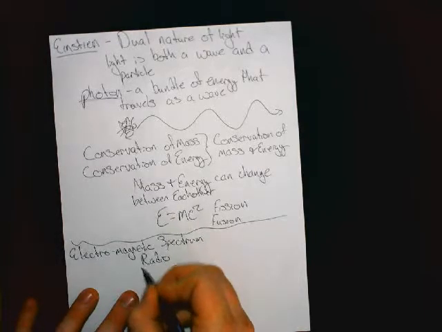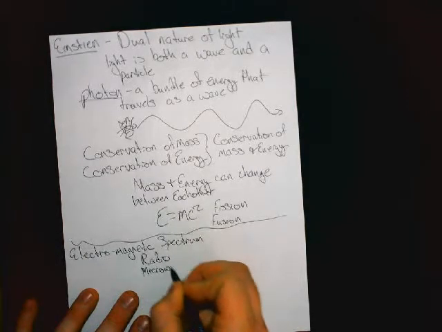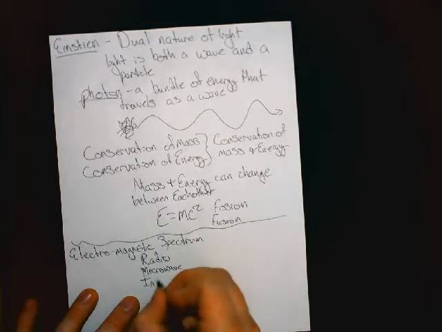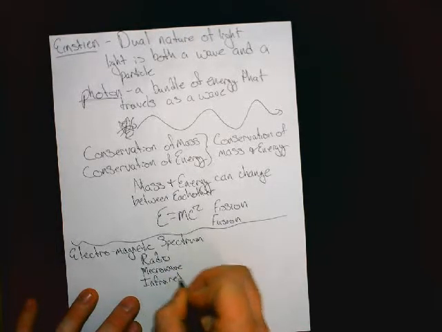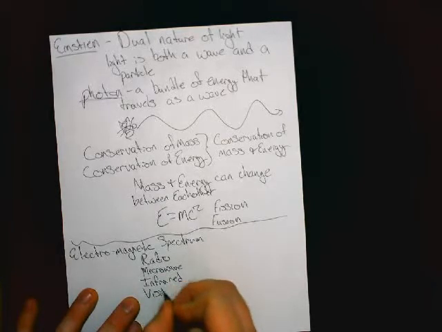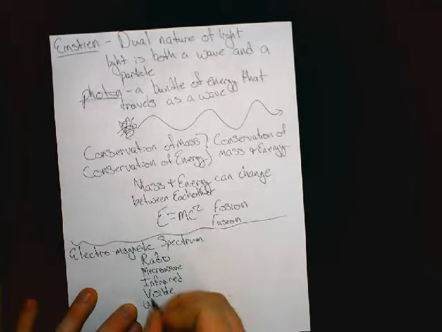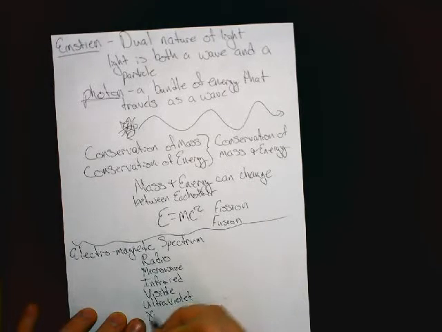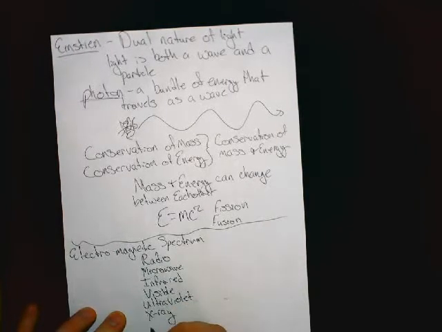We're going to go to microwave, down to infrared, visible, ultraviolet, following ultraviolet, we've got X-ray, and finally gamma ray.